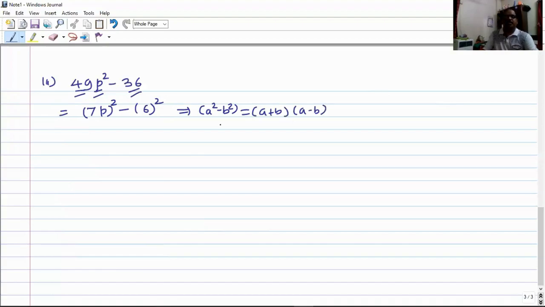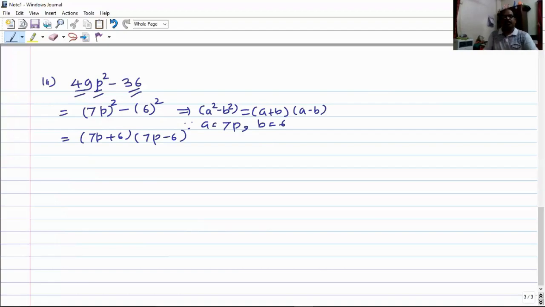Right, students? So here, if we compare this a square minus b square with this, we come to know that a will be equal to 7p and b will be equal to 6. So applying this identity, I can use a plus b, a minus b. So a plus b means 7p plus 6 and a minus b means 7p minus 6.